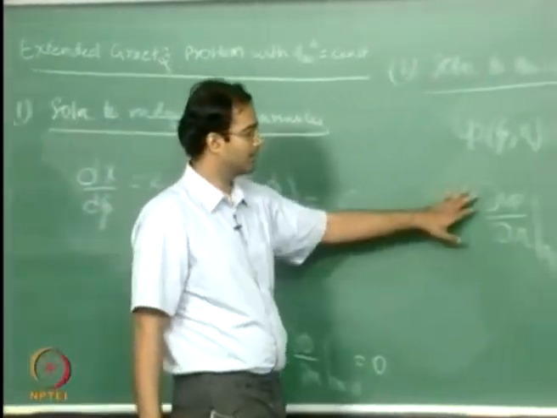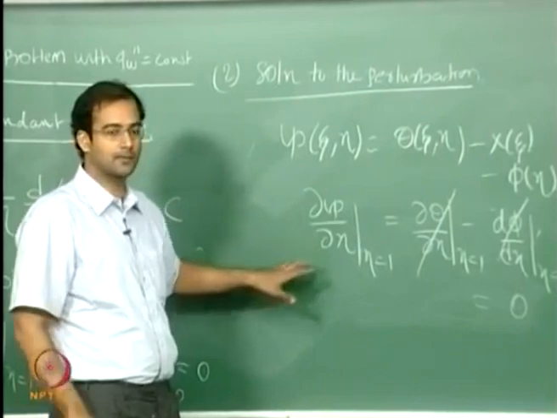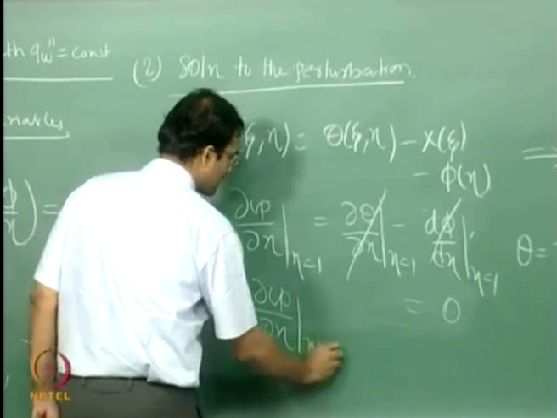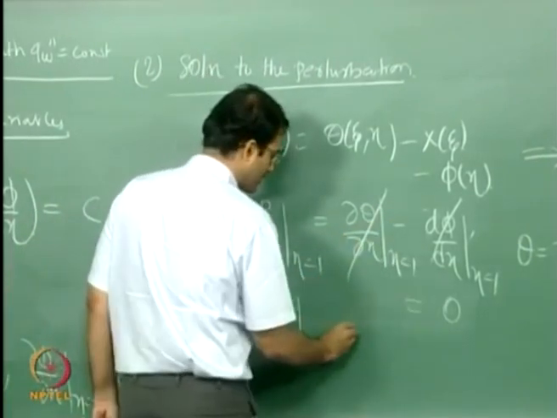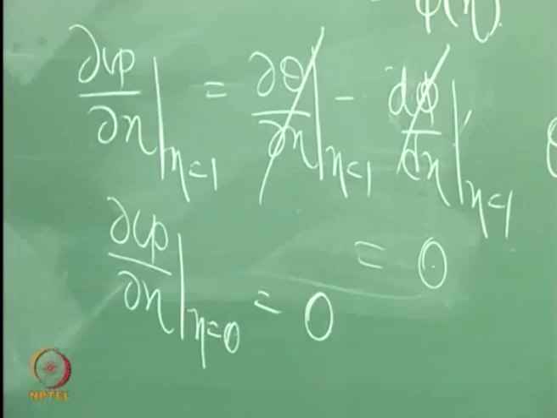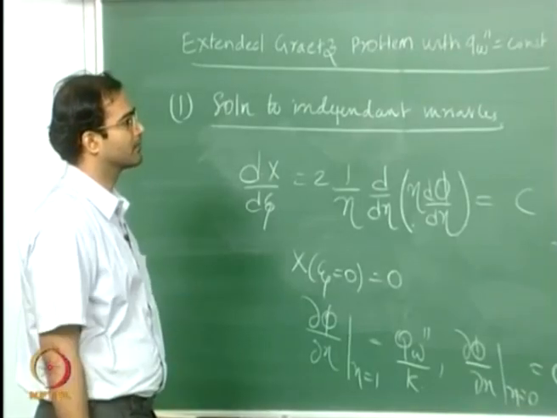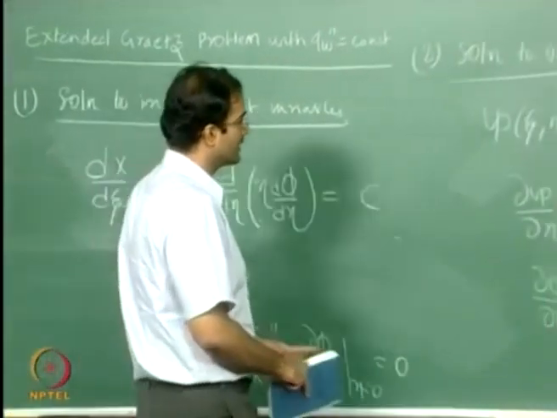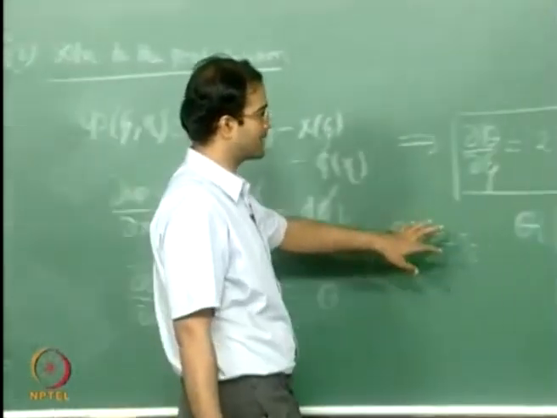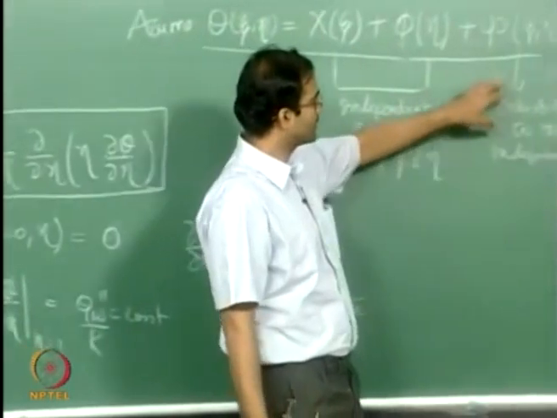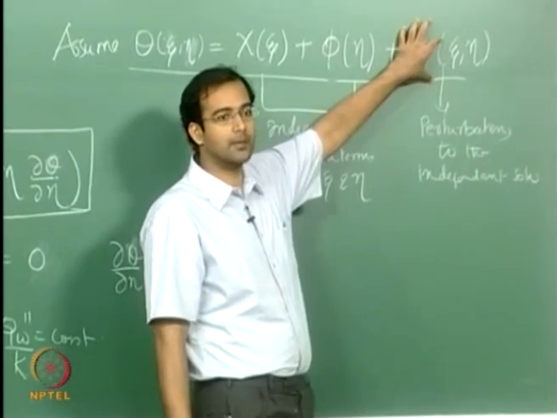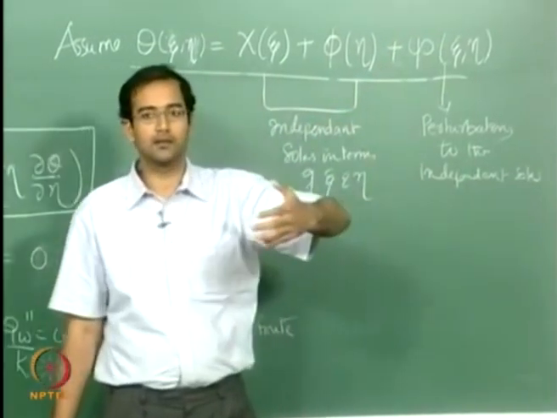So therefore one of the boundary conditions becomes 0 directly, and the other boundary condition d psi by d eta at eta equal to 0, anyway both are 0, so that will also be 0. Okay, so now you see that you have reduced your non-homogeneous boundary conditions: you are now solving actually for the perturbation, which has homogeneous boundary conditions, and now this perturbation psi can again be solved by separation of variables.